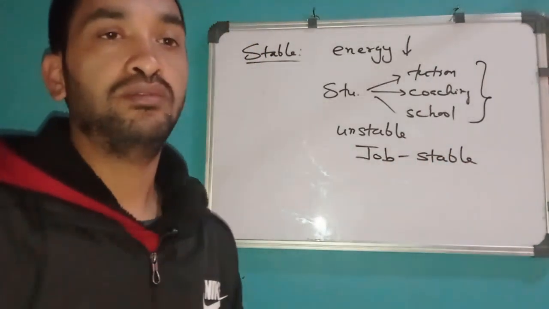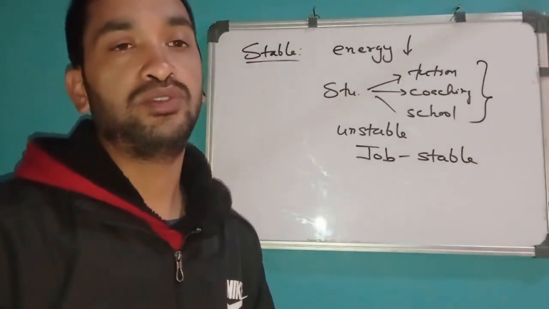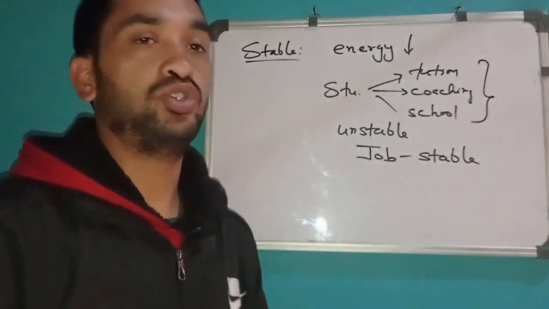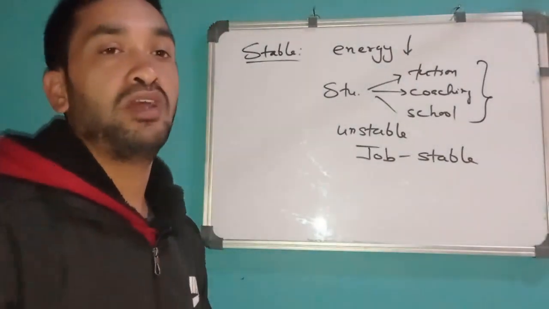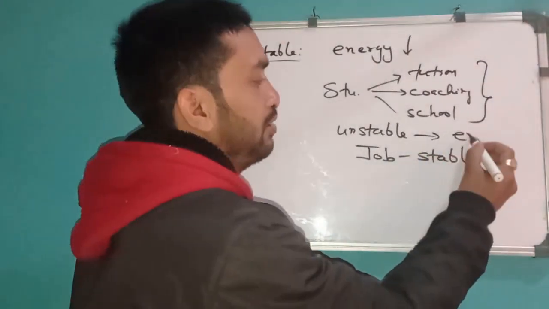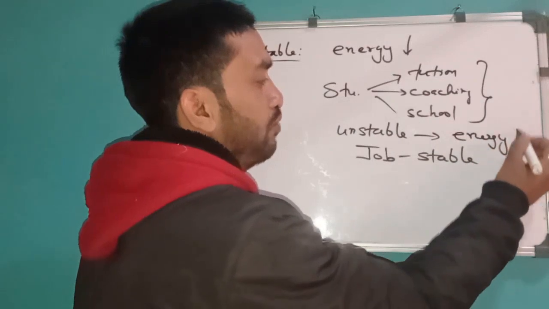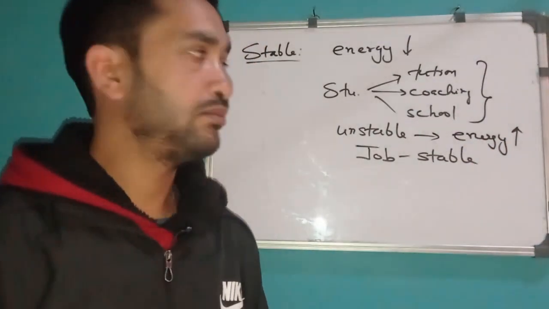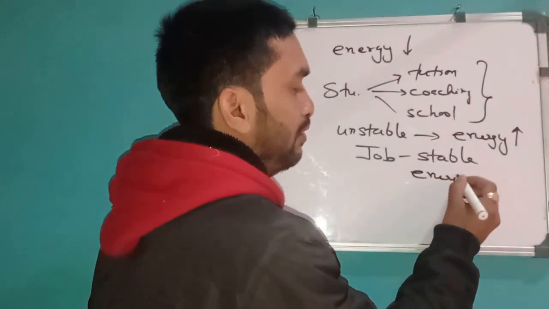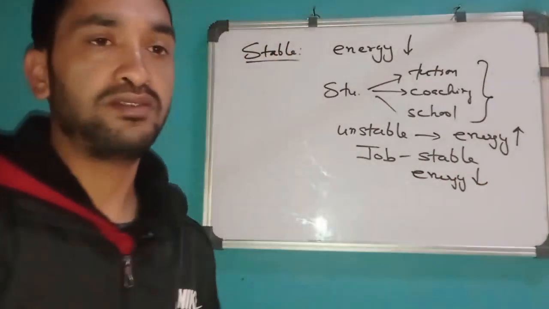Because after a job, you won't go for a tuition, you won't go for a coaching. All these things were for a job and you got it. So now you're stable, now you're not running. It means for instability, energy content is always high, and for stability, energy content is always low. So in this way, you can link this.